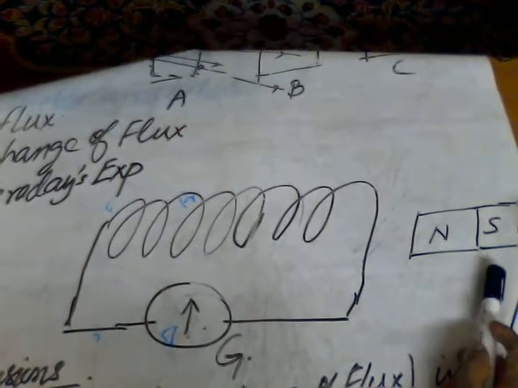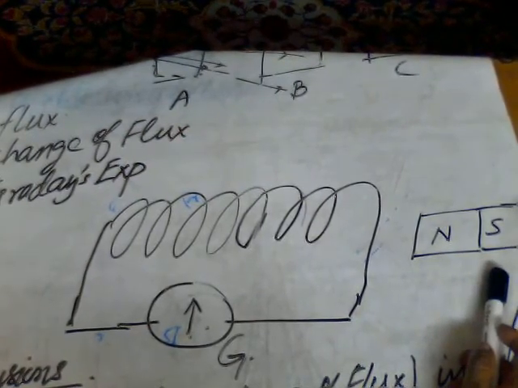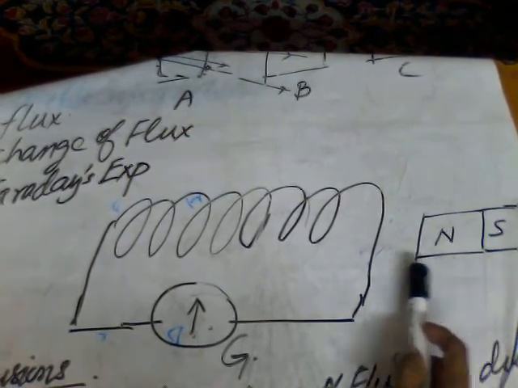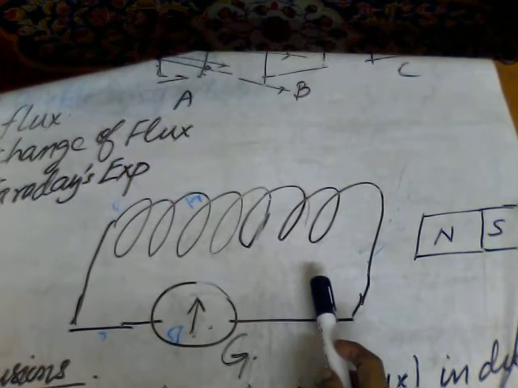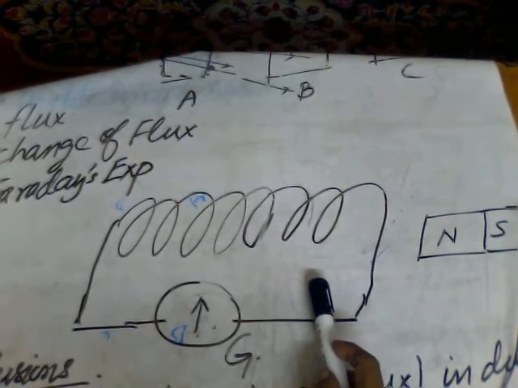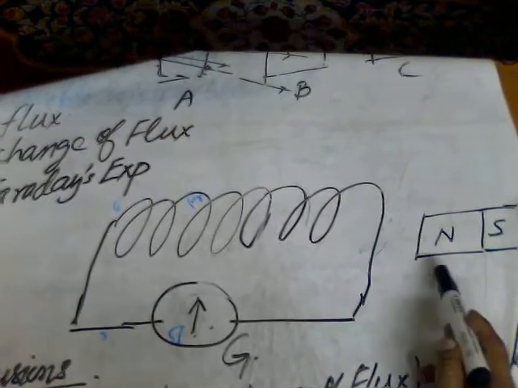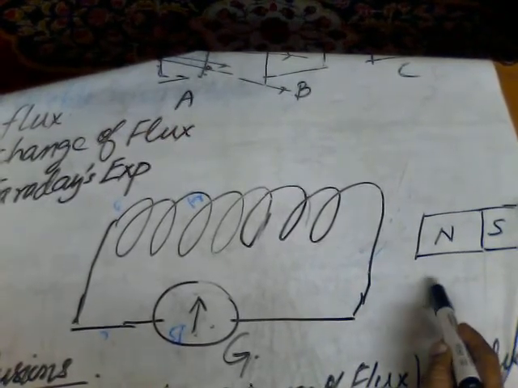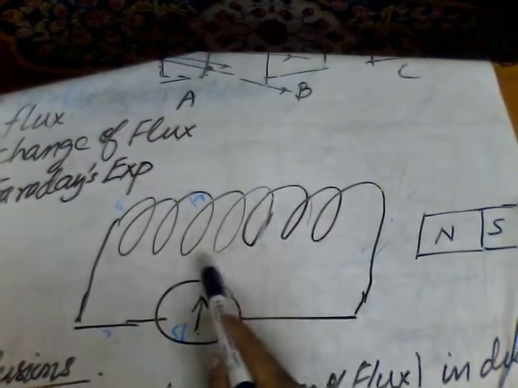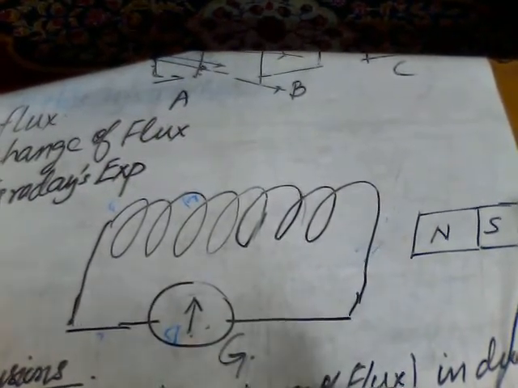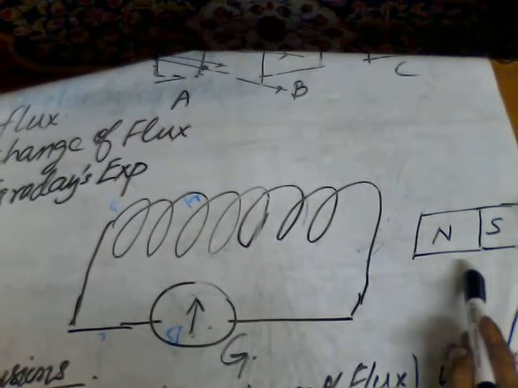When you move the magnet toward the coil, the flux will increase. The number of magnetic field lines of this magnet passing through the solenoid increases as we reduce the distance.